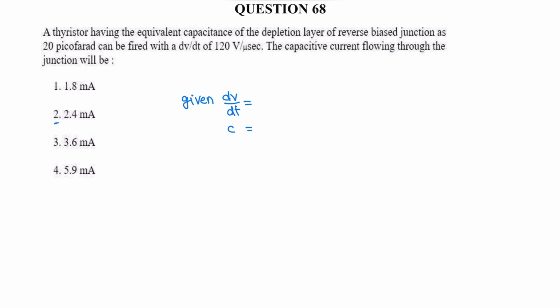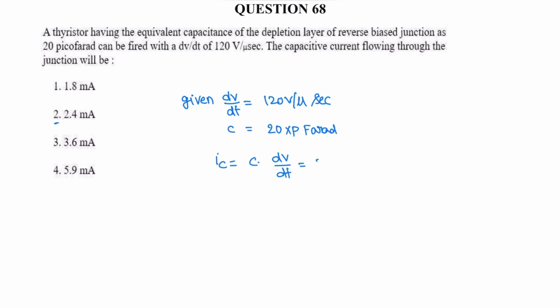Next question. A thyristor having the equivalent capacitance of the depletion layer of a reverse biased junction has 20 picofarad. So the given capacitance is 20 picofarad. It is fired with a dV by dt of 120 volts per microsecond. Then the capacitive current: we know that capacitive current IC is C dV by dt.